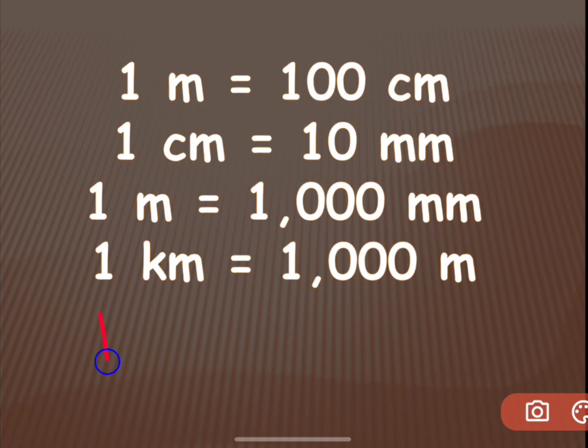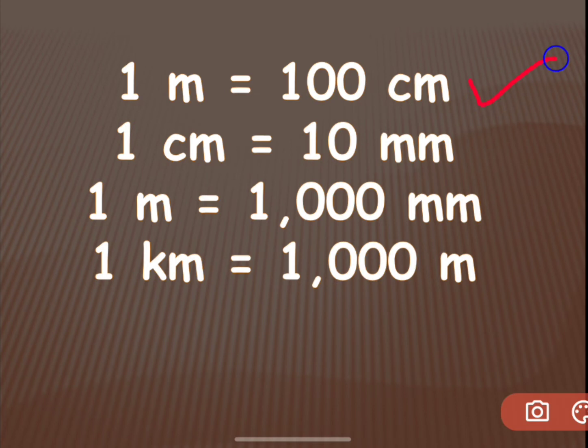Now if you have to do 1 kilometer is equal to dash centimeters, then 1 kilometer is equal to 1000 meters, and if you multiply this 1000 with 100, you will get centimeters. Again if you multiply with 10, that is 1000 into 100 into 10, then you will get millimeters. So in that way you have to derive, but the standard ones are these three.